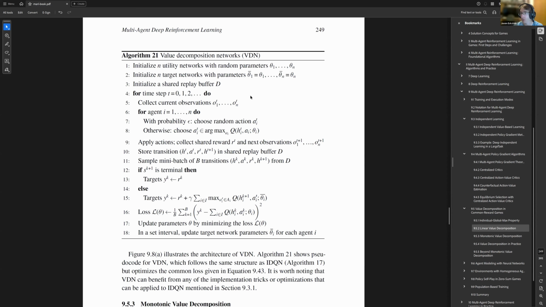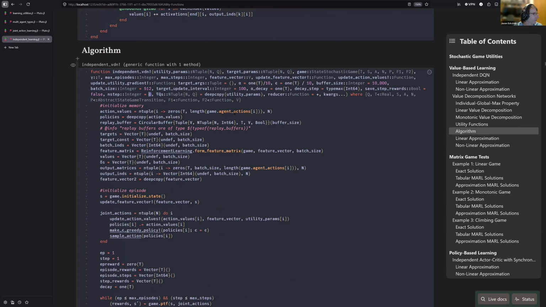So this is assuming we're dealing with a common reward game. Actually, in my code, I have it, just for convenience, written out to handle a general sum game. But there's this reducer function. And this is necessary. This is also what you would do with a central learning reduction. But you could turn any game into a common reward game if you have an appropriate reduction function.